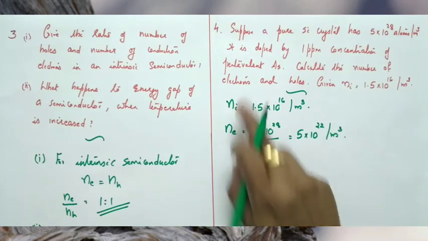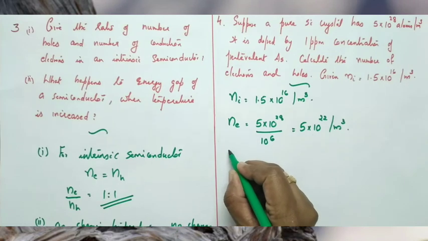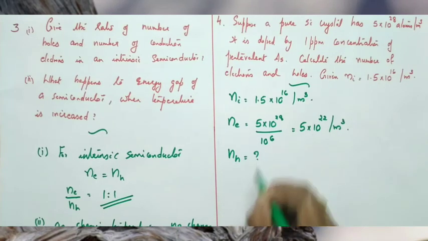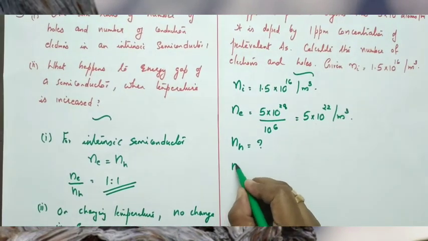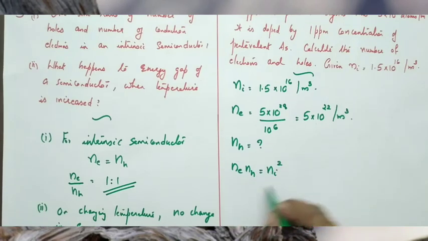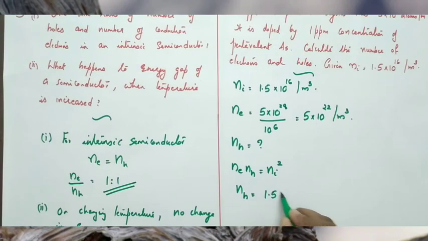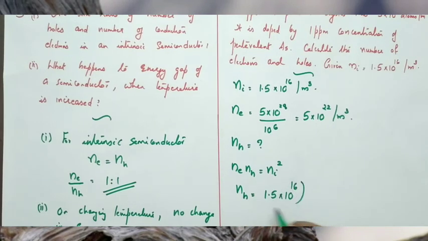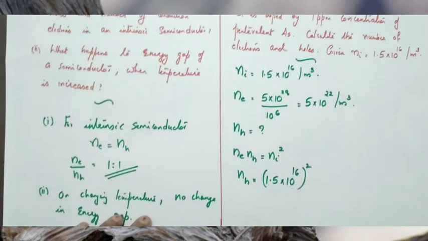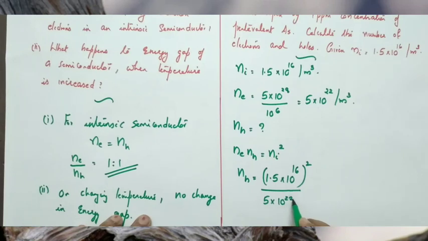Why is it taken as number of electrons? Because it is doped with a pentavalent impurity. Now, we have to find out number of holes. Number of holes equal to question mark. Again, we have the general formula Ne NH is equal to Ni square. Or NH is equal to Ni, 1.5 × 10^16, the whole square divided by 5 × 10^22.